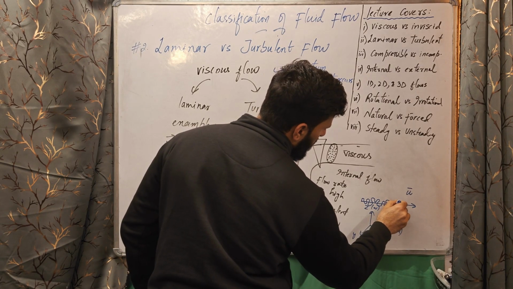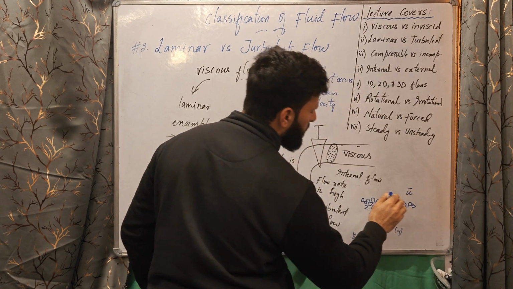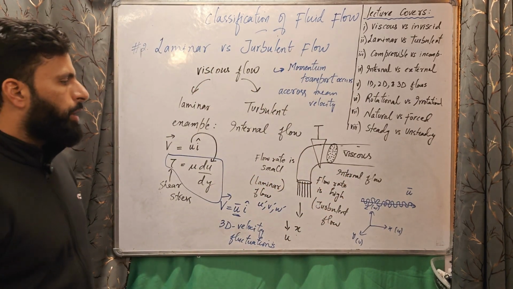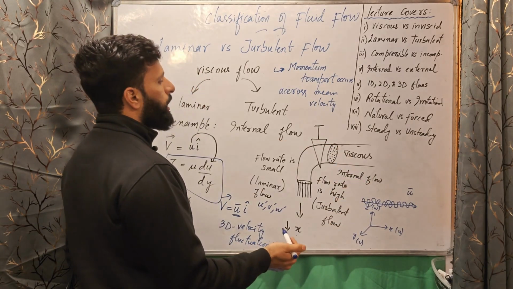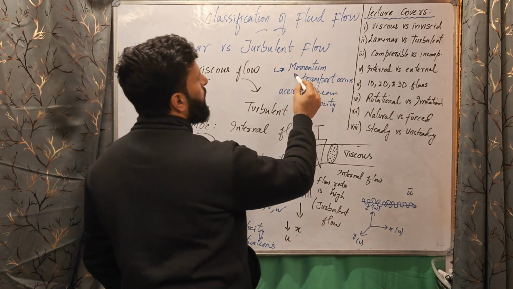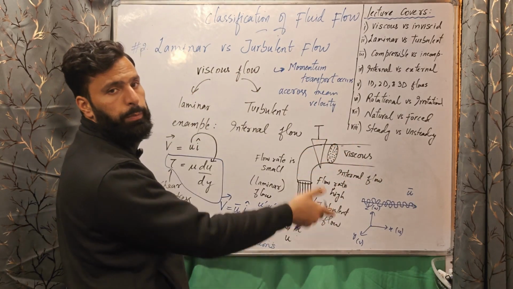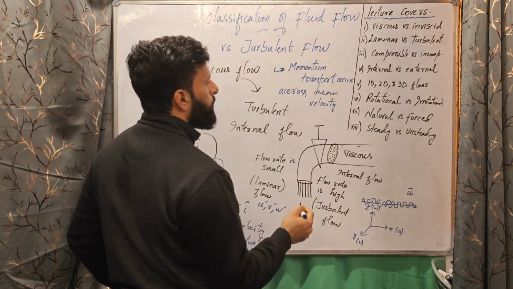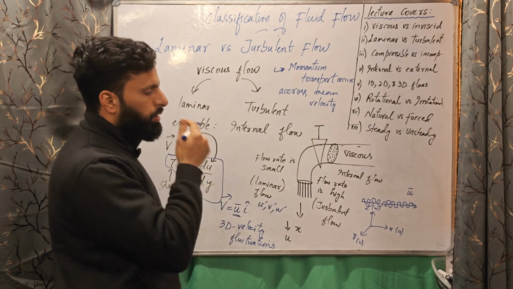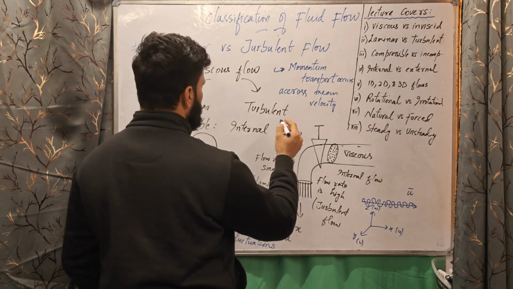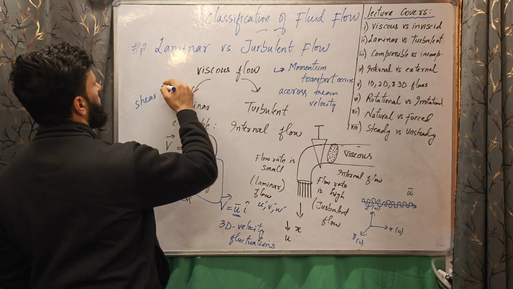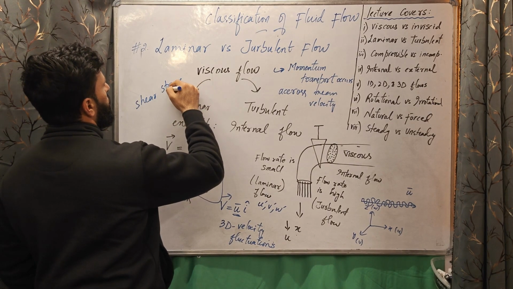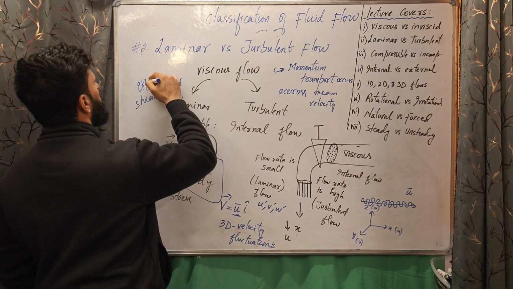So it keeps on fluctuating, but the mean always stays the same. The mean stays the same, and these 3D velocity fluctuations keep on changing this velocity component, and because of this, momentum transport occurs across this mean component. So when this momentum transport occurs across this mean component, shear stress increases. Or we can say effective shear stress increases.